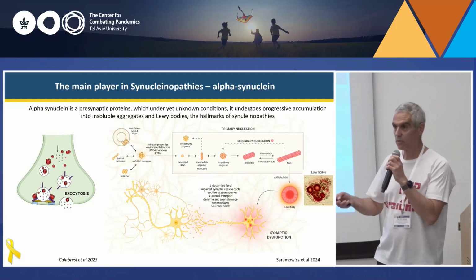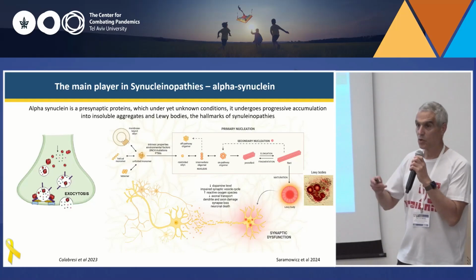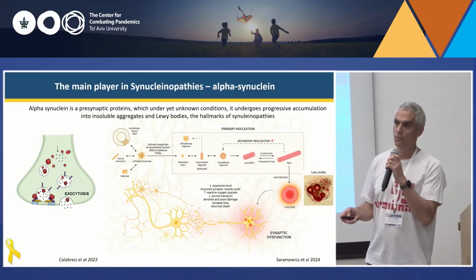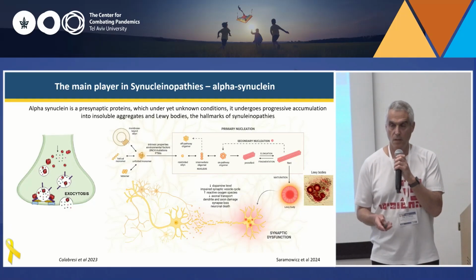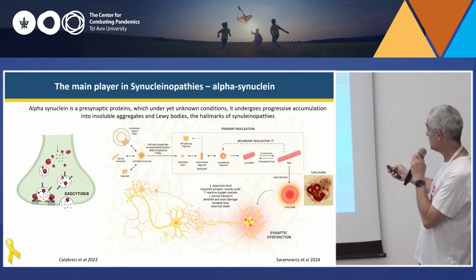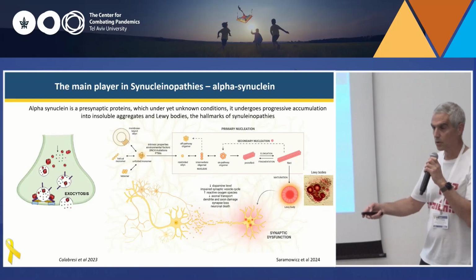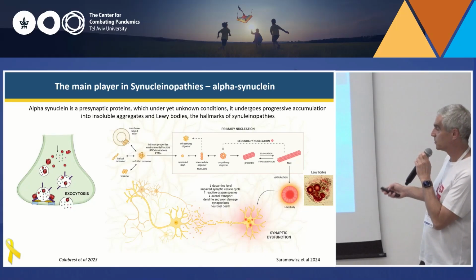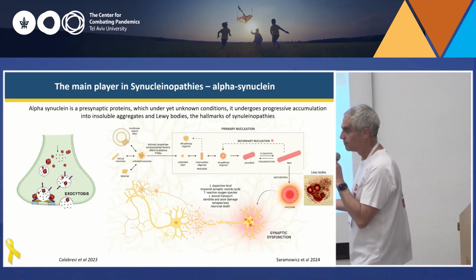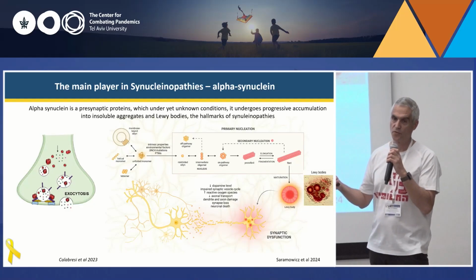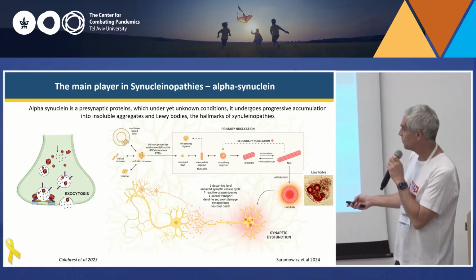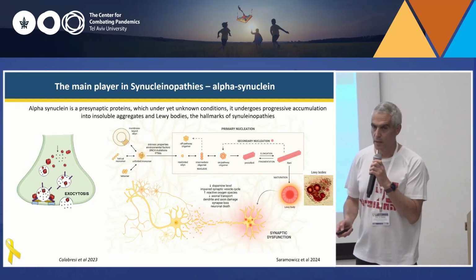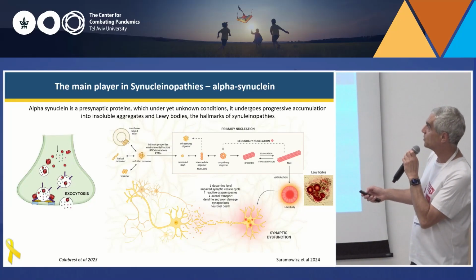Usually it can work as a tetramer, but when it starts to aggregate, sometimes because of mutation, sometimes because of unknown reason, and sometimes because of overexpression, you get the oligomer, protofibril, fibrils, and then usually in Parkinson's disease and dementia with Lewy bodies, it's also kept in neuronal, intracellular Lewy bodies, which are huge structures composed of membrane, composed of proteins, many types inside the cells. And this causes the neuron to die.